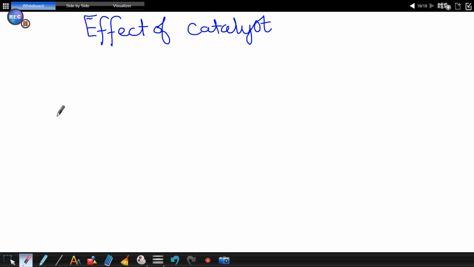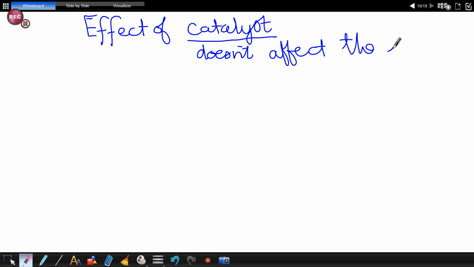Now, the effect of a catalyst: the catalyst does not affect the equilibrium position. The rate graph will just be steeper. Meaning the following, I'm busy talking and writing, so please bear with me.